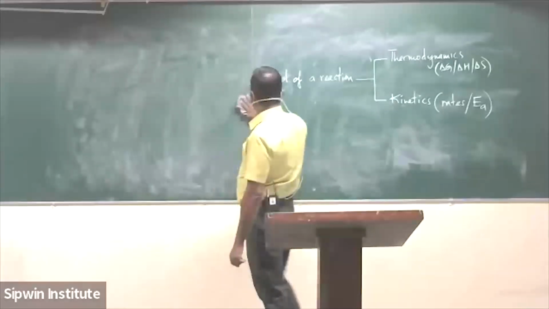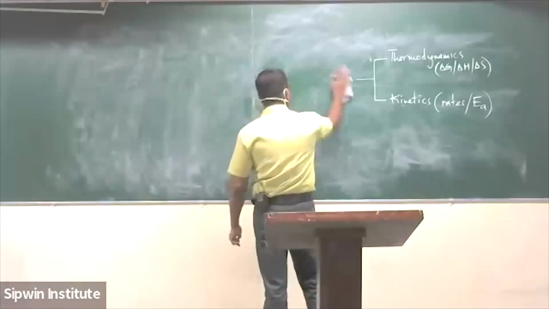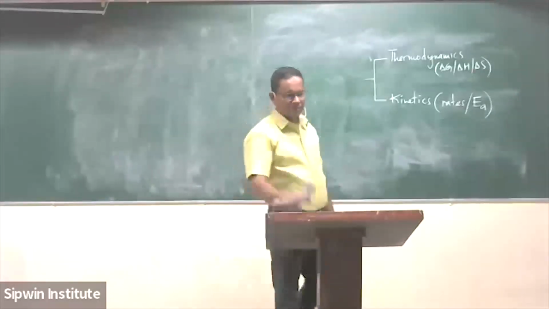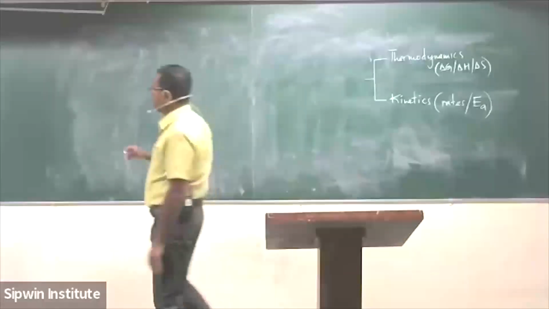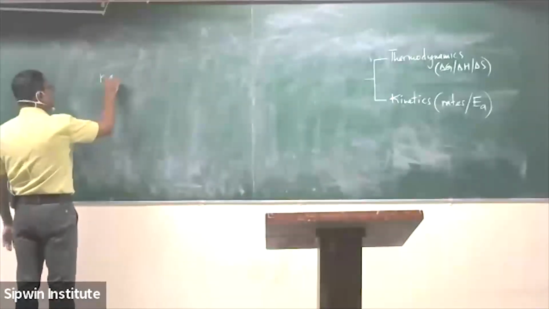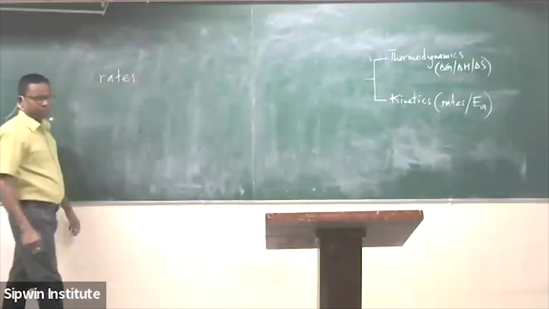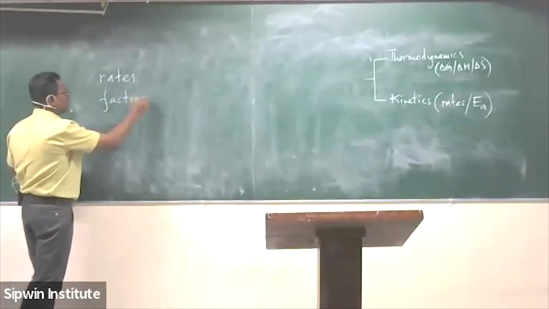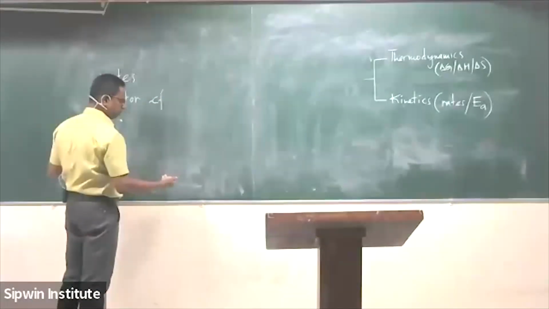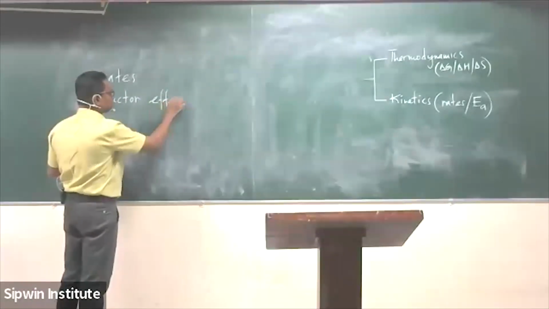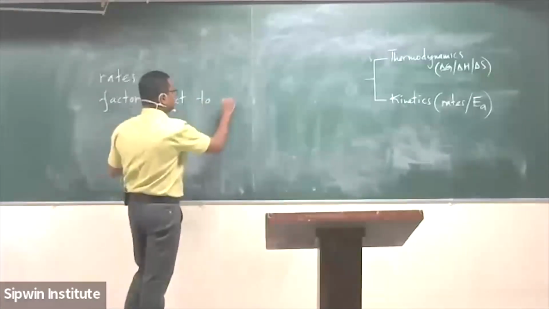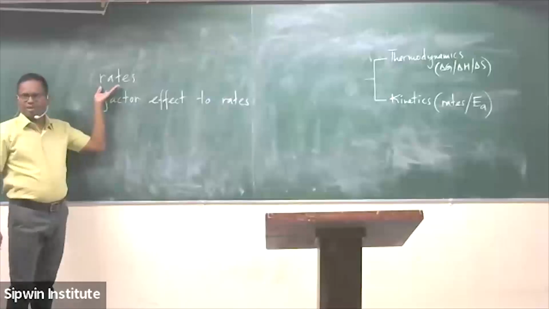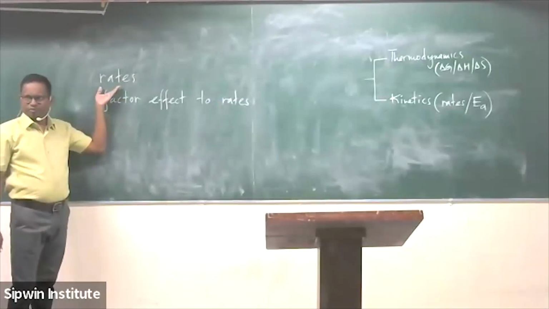What is meant by chemical kinetics? If we study the rates of chemical reactions, and the factors that affect the rates, that is kinetics. What is meant by a rate, and how to define it?